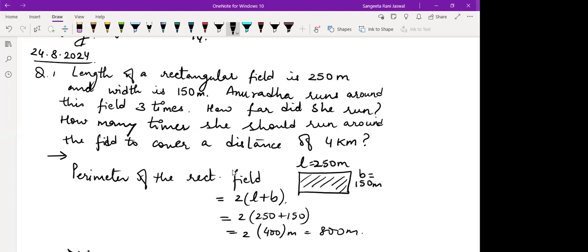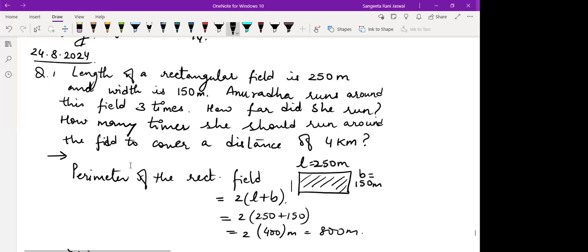Perimeter. And if she is taking 3 rounds of the field, we'll multiply 3 into the perimeter, so that you get how much distance she will travel in 3 rounds.